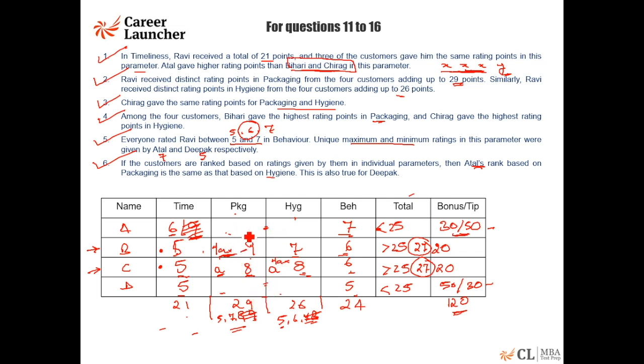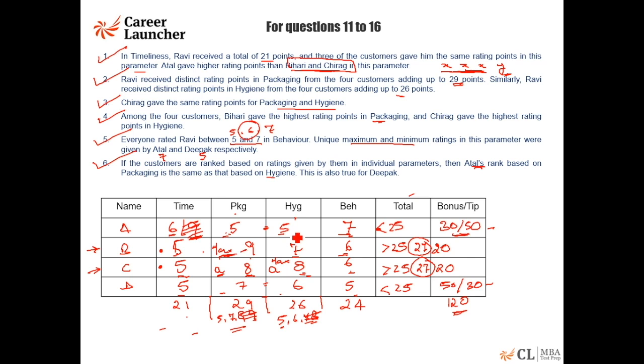So if I say Atal is going to be at the bottom, that means it will be 5 here and 5 here, and then that will be 7 and 6. Okay, that is one scenario. What does it become? 5 plus 5, 10, 10 and 7, 17 and 6, 23.